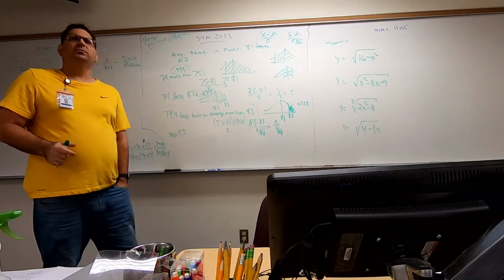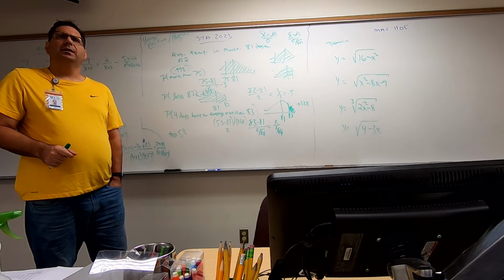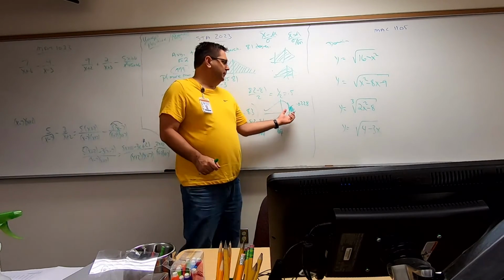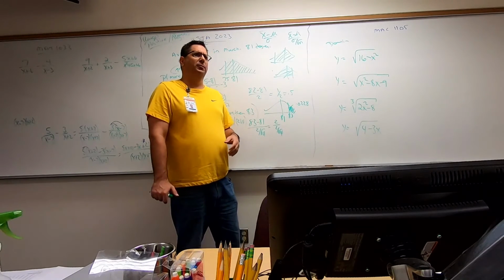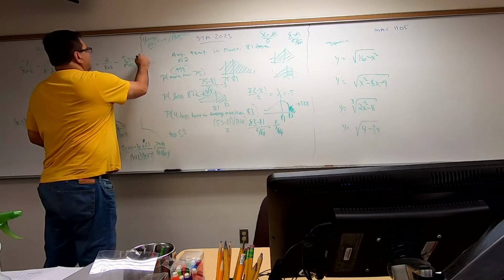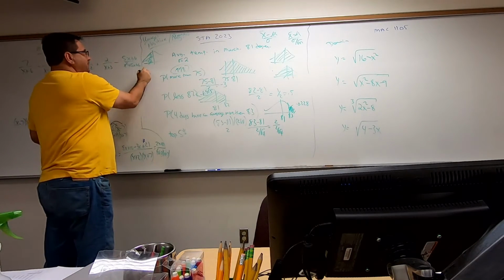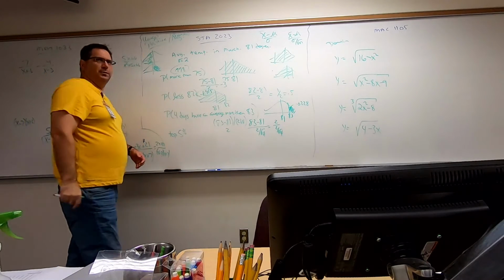What confuses you? Yeah, I know I shaded to the right, but look at the picture. Is this more than half of the whole graph, or is it less than half of the whole graph? This is half, right? Is that picture more or less than the half?